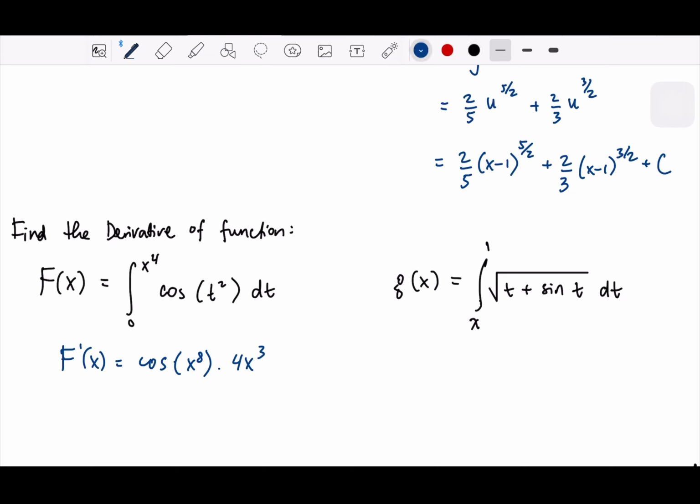Okay, so it's asking for the first derivative. How can we solve this second one?